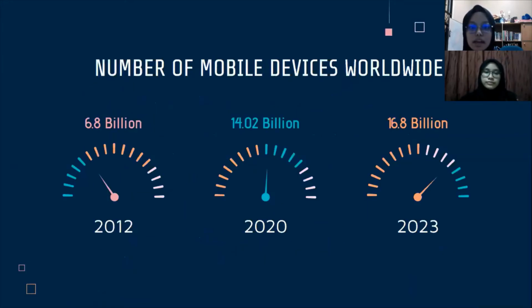According to statistics again, in this year, 2020, it is estimated there are 14.02 billion people using phones, and it is expected to rise to 16.8 billion in 2023, which means that every day everyone is trying to connect with each other, and every day it shows that staying connected is possible in this era, all thanks to technology.